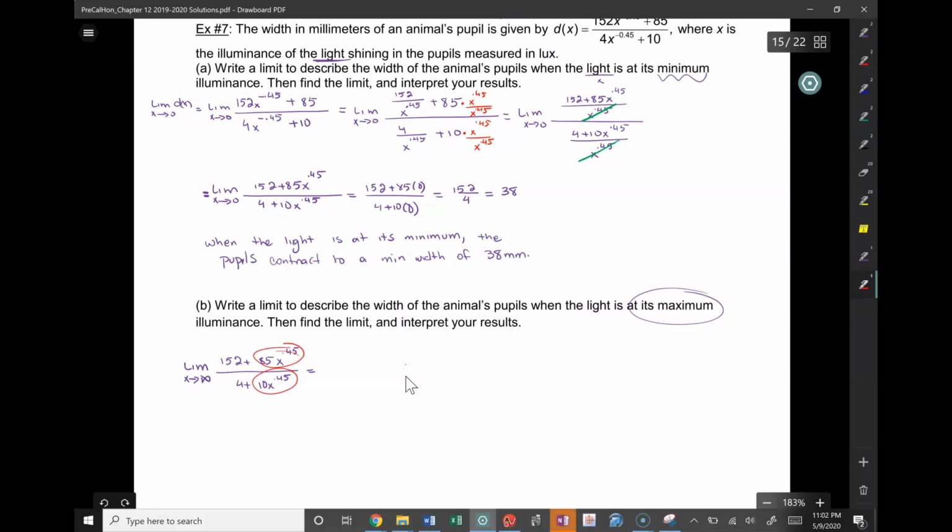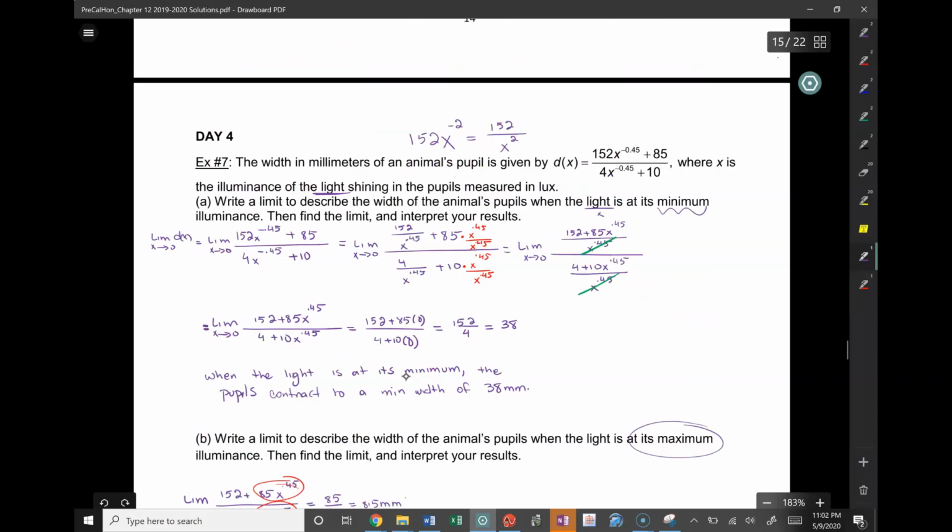So the term with the highest degree, because what's the exponent for the 152? That's x to the 0. So technically x to the 0.45 is still higher. All right, so take a look. The degree on the top is equal to the degree on the bottom. That means the limit is just the ratio of the coefficients. 85 over 10, which is 8.5 millimeters.